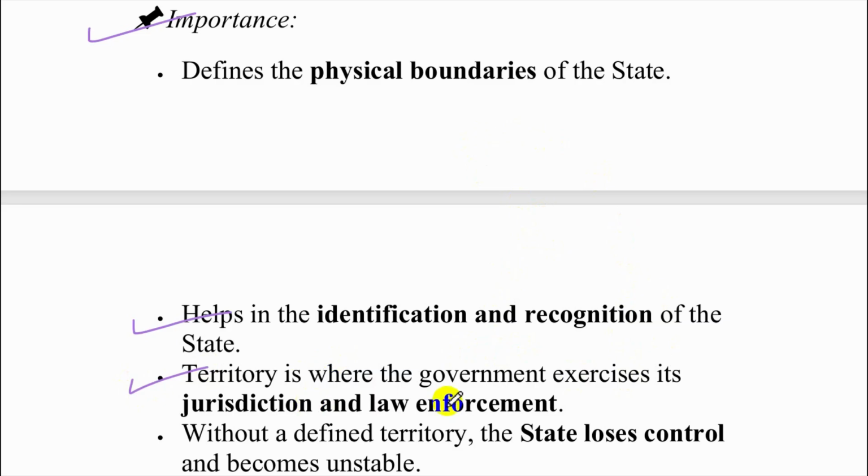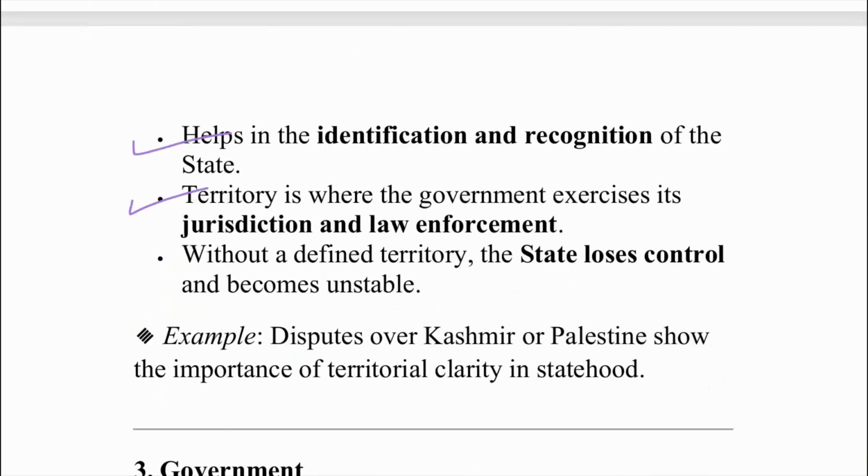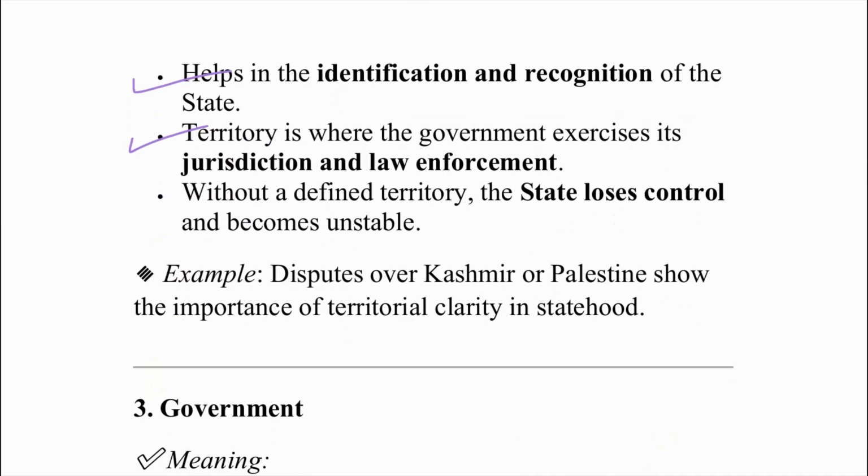Territory is where the government exercises its jurisdiction and law enforcement, which means the control of the Indian government is within its boundaries, that is its jurisdiction, where the laws can be applied to its citizens, to its population.